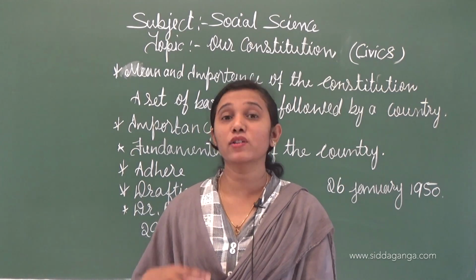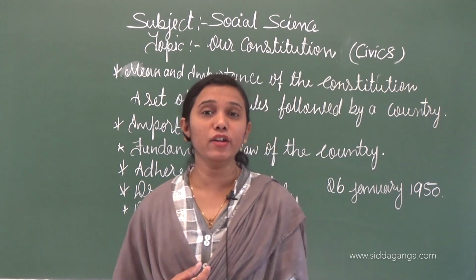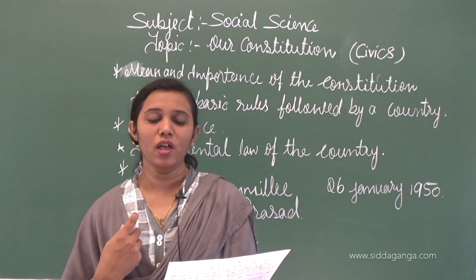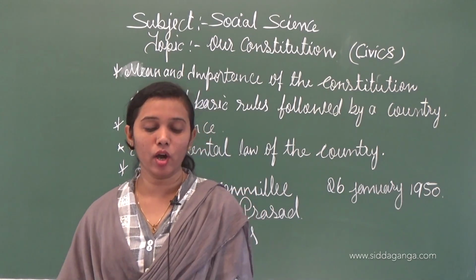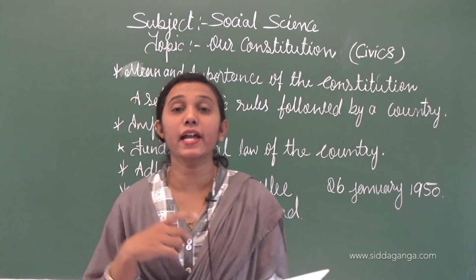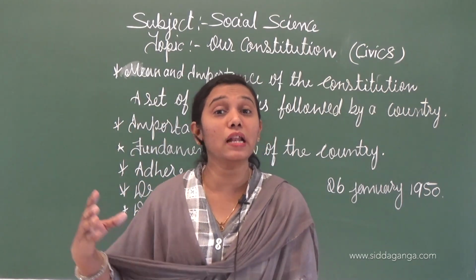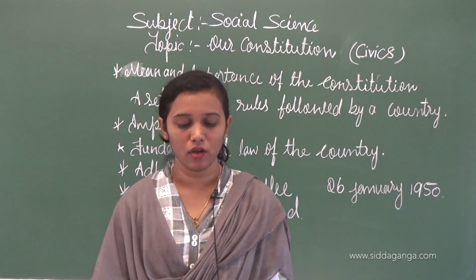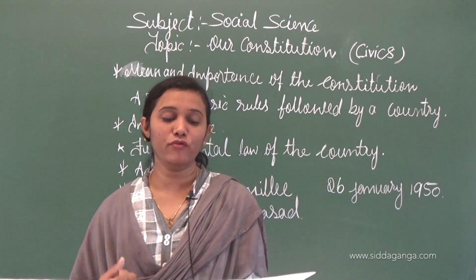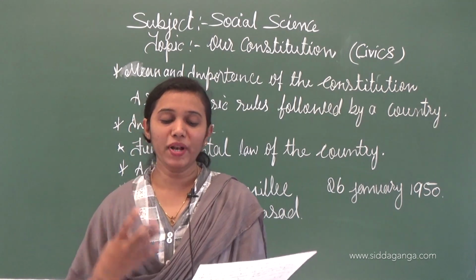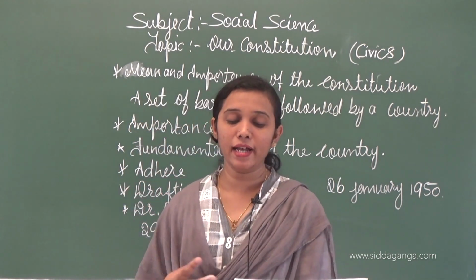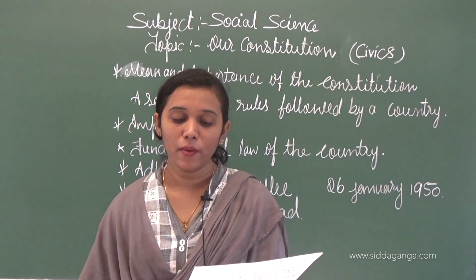Understood? And then 22nd January 1947, the objective resolution was unanimously adopted. 22nd July 1947, the national flag was adopted. 15th August 1947, India achieved independence, and India split into the Dominion of India and the Dominion of Pakistan.